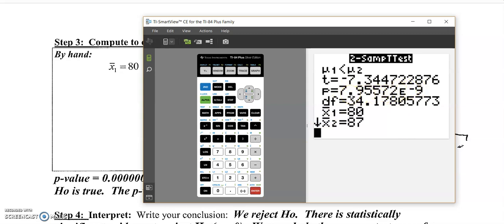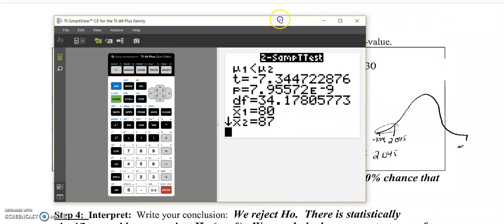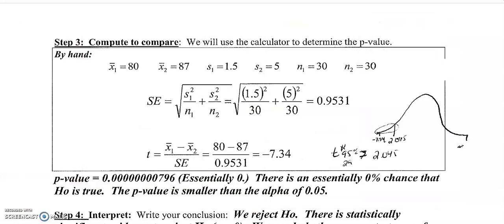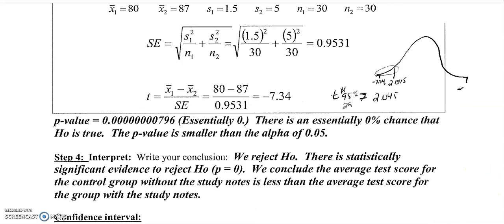That means move the decimal 9 places to the left. So our p-value is very, very, very small. It is essentially 0 at 0.00000000796, which is definitely smaller than our alpha of 0.05.